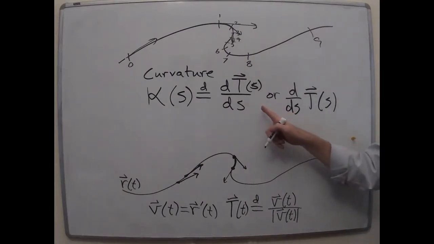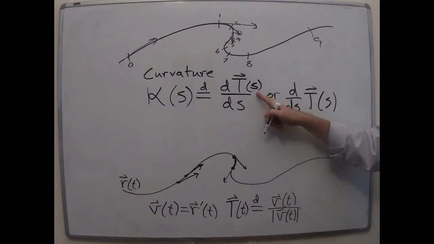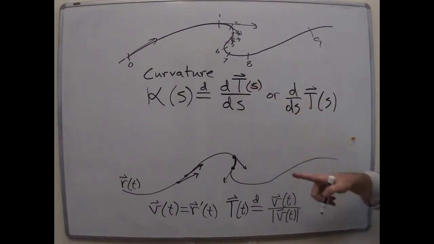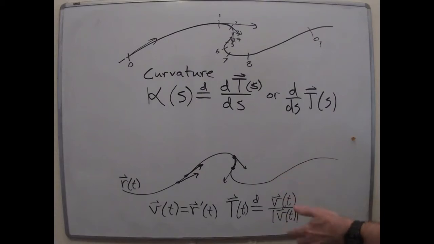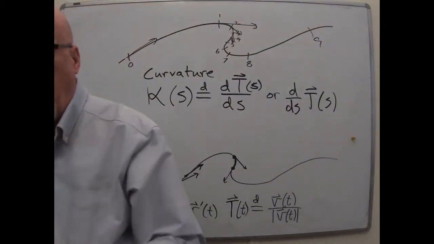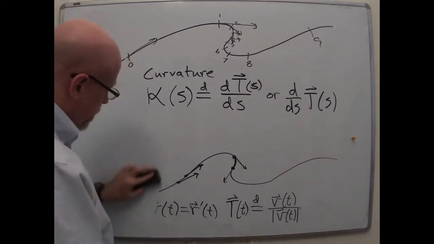But what I actually do almost all the time is just stop writing the parameter, right? Just call it dT/ds. If you know that you're dealing with something that's a function of arc length, in fact everything floating around is a function of arc length, then you can just stop writing the (s) on it, and everybody will understand what you mean.